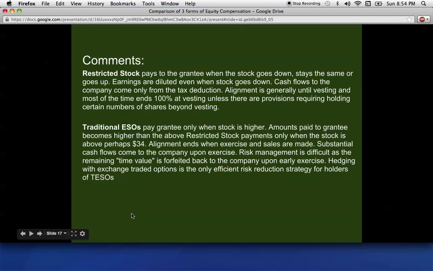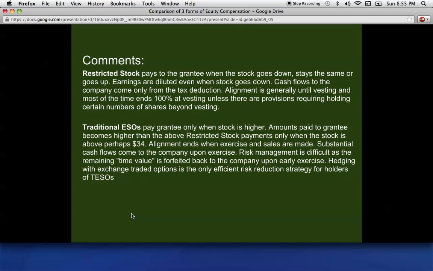Okay, so with all of the above in mind, here are some comments. The restricted stock pays the grantee when the stock goes up, down, or stays the same. The earnings of the company are diluted when the stock goes down, and they're still granted, so it's still a nice cost to them.